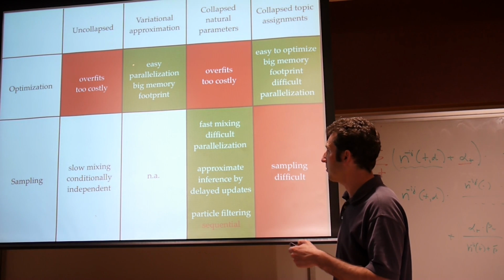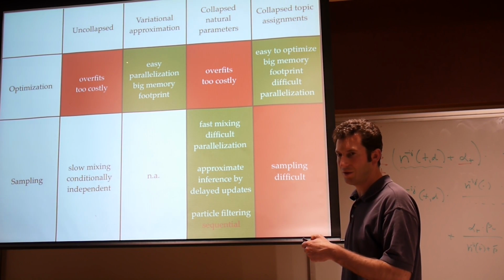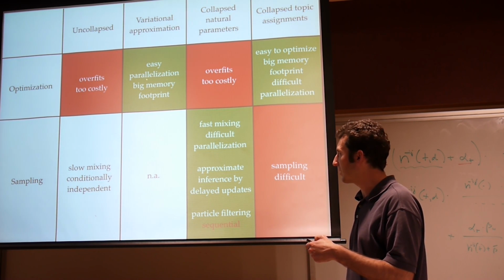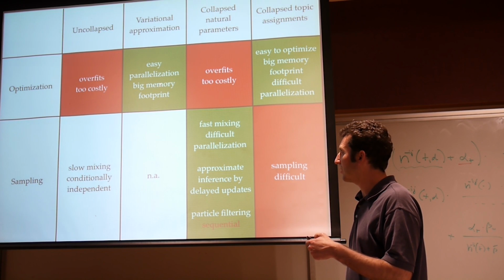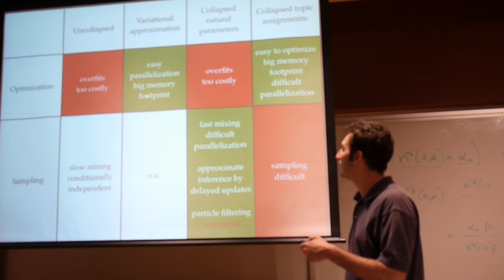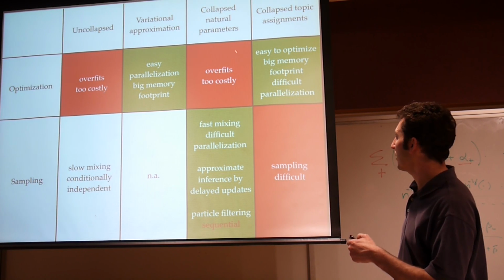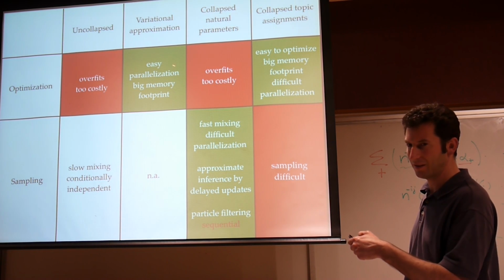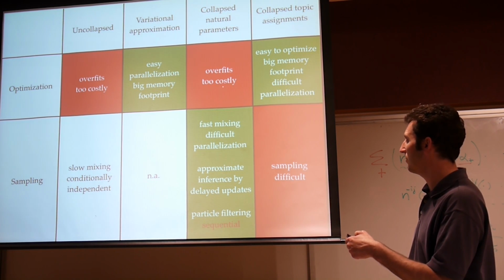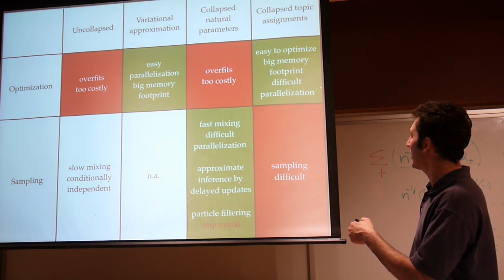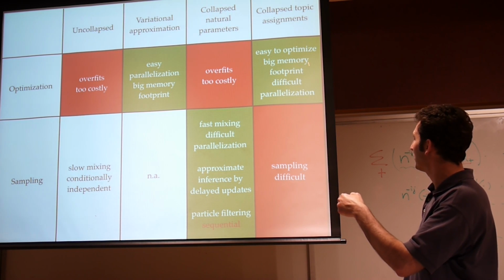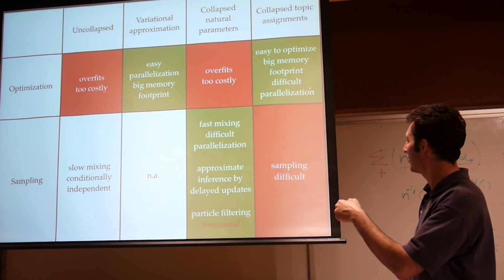You can use a variational approximation that's actually fairly efficient, and that's essentially what Blei and Jordan started with. The issue is only that this has a huge memory footprint, so you can pretty much forget about it. You can collapse the natural parameters and you still get parabolic overfitting, and it's a really ugly discrete non-convex optimization problem. Or you can collapse the topic assignments, and well, it's still quite nasty.